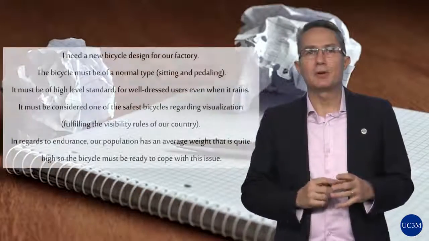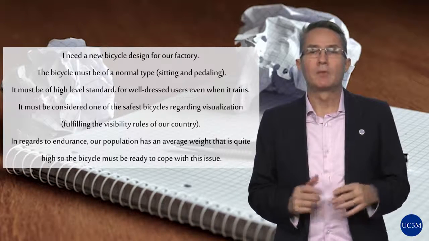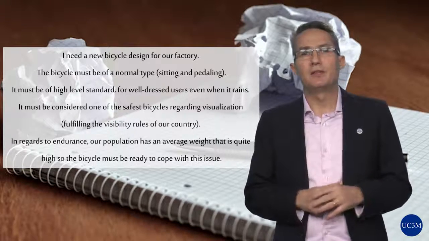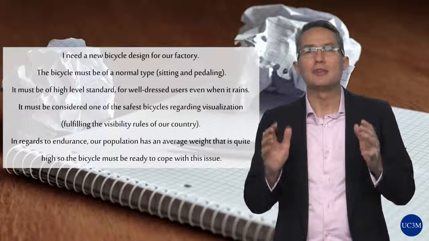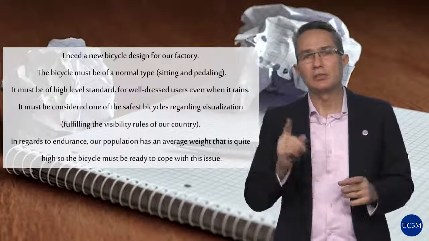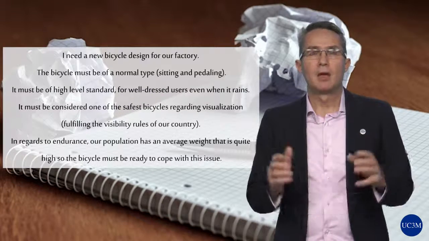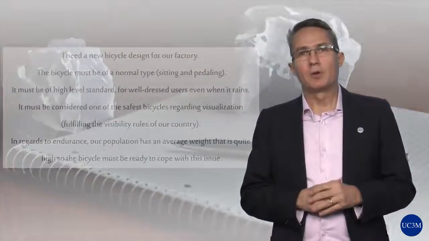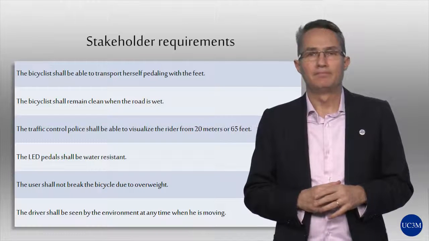You can see on the screen what the customer has written to us. Even if it is simple, read the text and figure out how these needs should be stated as requirements. Okay, you can see on the screen the gathered requirements.